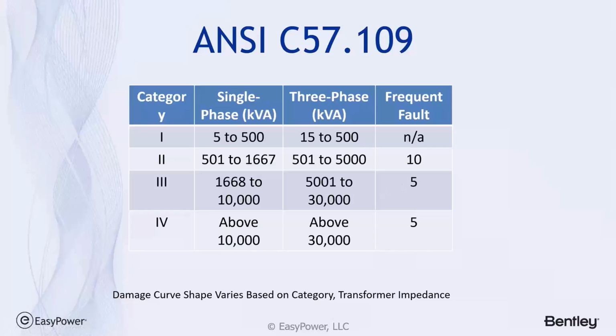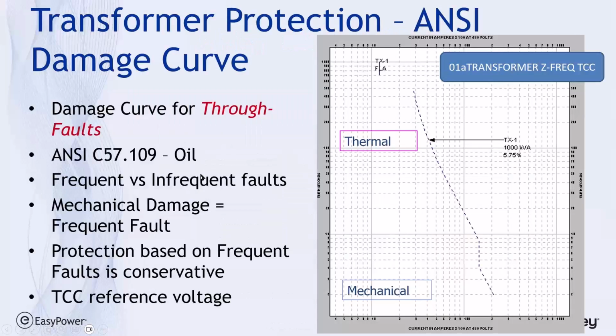So what that means when we're looking at the TCC is that we apply this offset in the lower portion of the curve. Again, this is for through faults, but as long as we don't exceed the 100% damage curve, which again was a straight line, we're allowed the frequent fault excursion number for the life of the transformer.